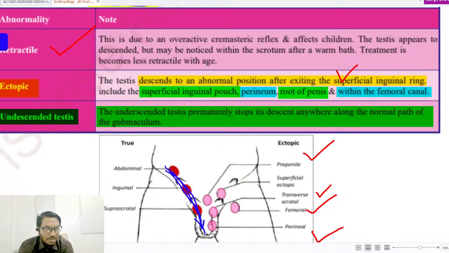This is the normal way. But if the testis remains in any other place apart from this normal pathway, then it will be ectopic. Suppose it remains at the root of the penis, or exits the superficial inguinal ring, like the superficial inguinal pouch, perineum, or root of the penis, then these will be ectopic testis.